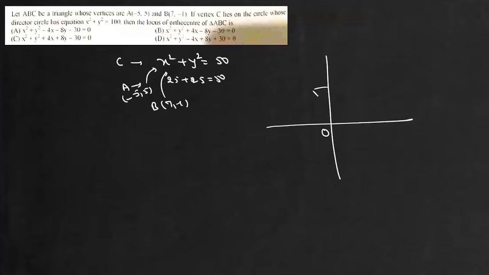Now if we look at this point A, then if we put this A as minus 5 comma 5, it will be 25 plus 25, it is 50. So this A will lie on the circle, and B, 7 comma minus 1, will also lie on the same circle. So we have this circle with center at origin and all the 3 points, they'll lie on this circle.